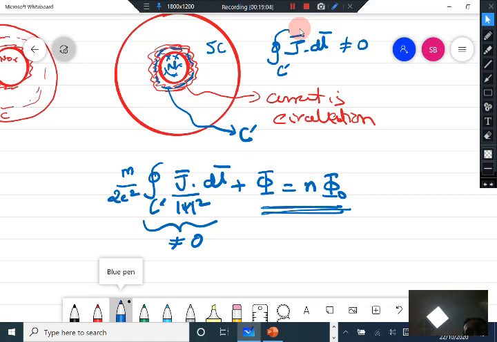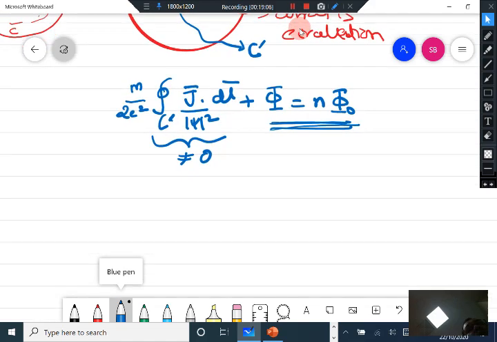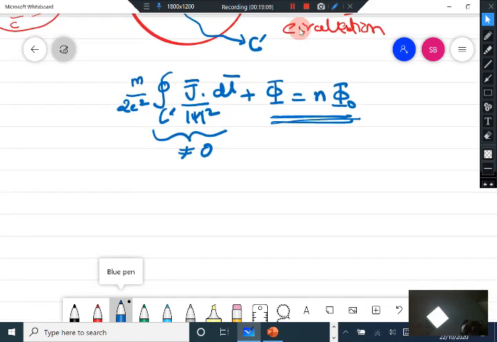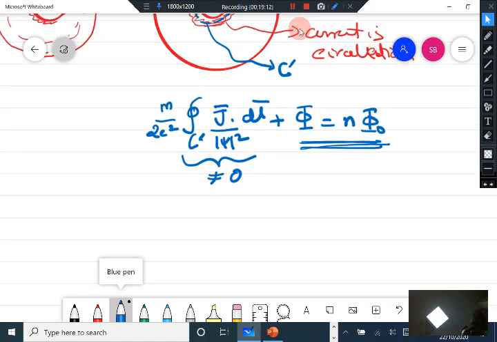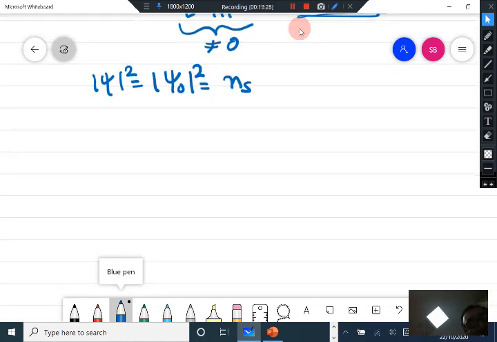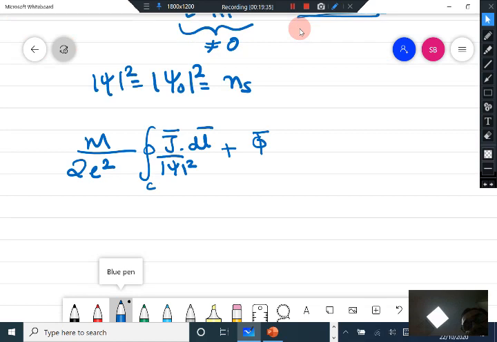Now, before I end, there is a small part that one can additionally do. You know that mod psi square is equal to mod psi naught square, which is equal to the density of Cooper pairs. So if you go back to our earlier equation, m by 2e square into J bar mod psi square plus phi equal to n times phi naught, and this is of course a constant, so you can take it out.